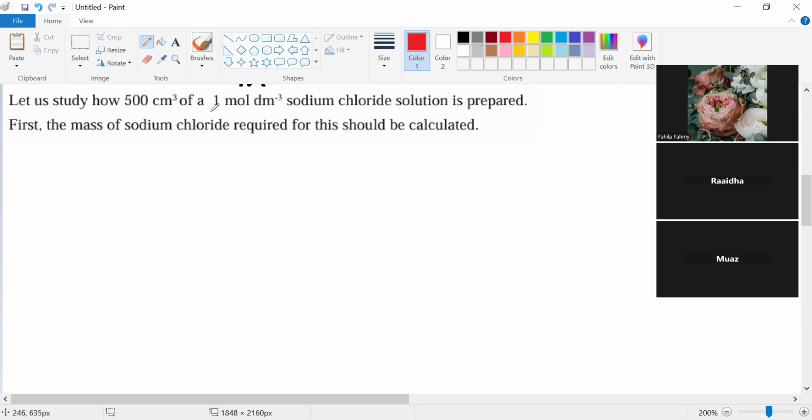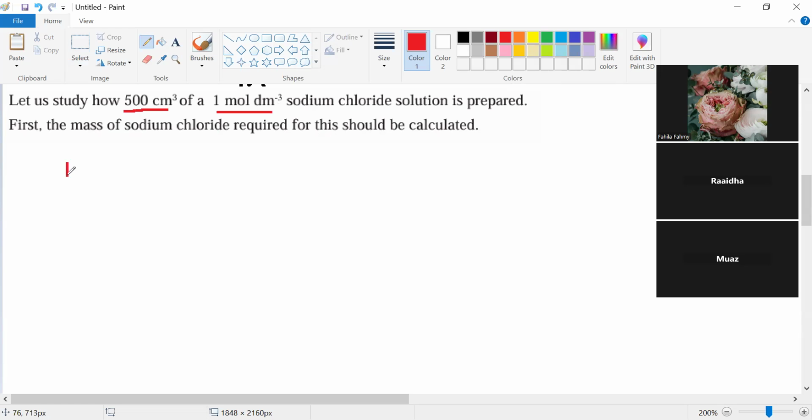They just gave me this question and I'm going to do it from the beginning. I'm going to underline the main parts over here. I have 500 cubic centimeters of 1 mole per cubic decimeter sodium chloride solution to be prepared.